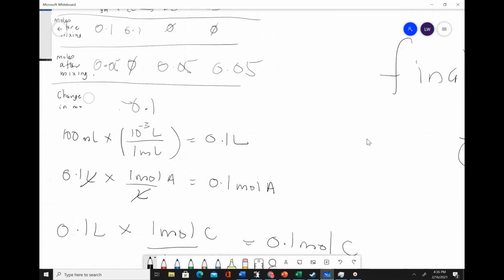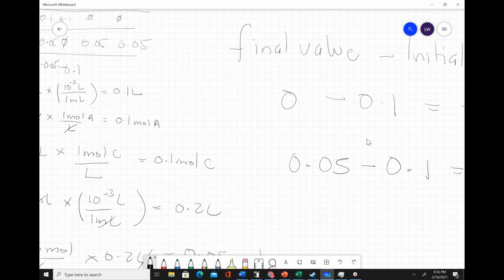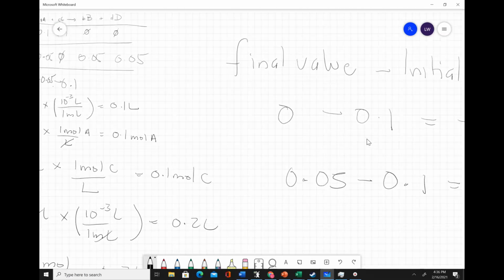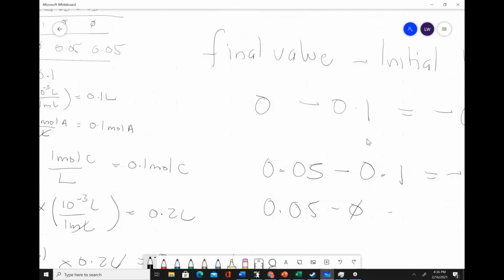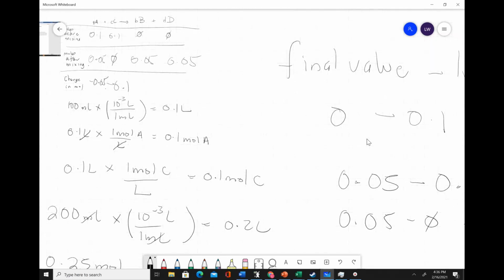So A went down by 0.05. All right. Now, the ones for B and D are going to be very simple because our final value is 0.05 and our initial value is 0. So that means that that went up by 0.05, and that's going to be the same for both of them, right? So 0.05 and 0.05.